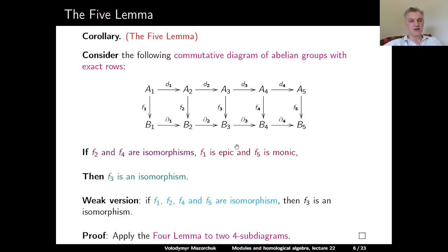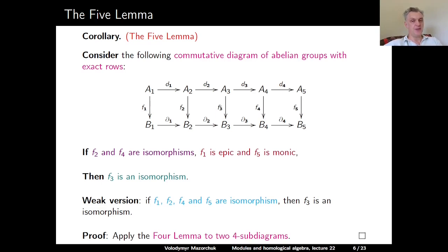So if we apply it to the left subdiagram, we have that F2 and F4 are isomorphisms, and F1 is epic. This means that F3 is monic. If we apply it to the right-hand side 4 subdiagram, we have that F2 and F4 are isomorphisms, and F5 is monic. This means that F3 is epic.